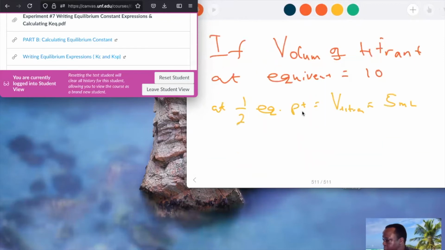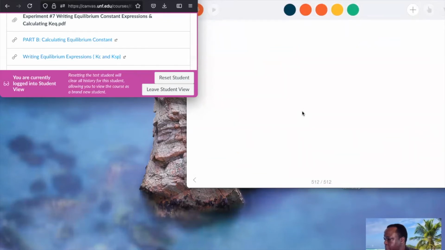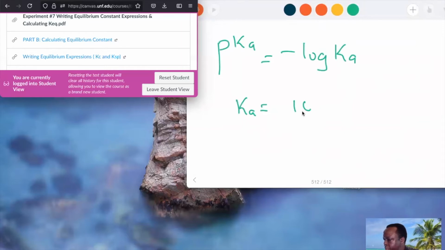The relationship between pKa and Ka is pKa equals negative log of Ka, or Ka equals 10 raised to negative pKa.